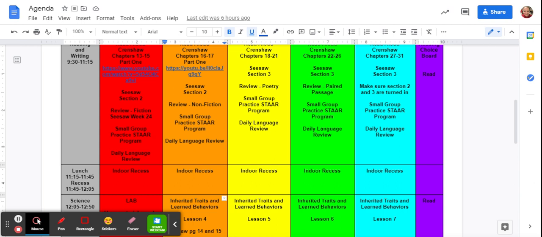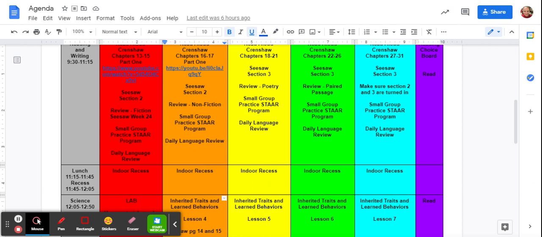So we read this, and the questions that we broke off into breakout rooms, these were the types of questions that we worked with. So inferencing, central idea, context clues, features, author's purpose, organization, fact and opinion, word meaning, structure, and text evidence. So these are some things that could come from a nonfiction text.